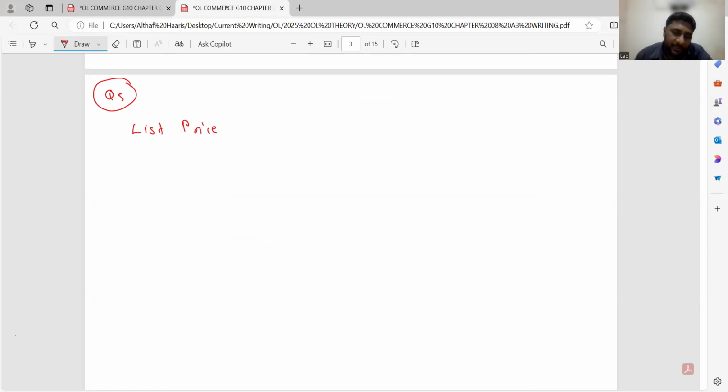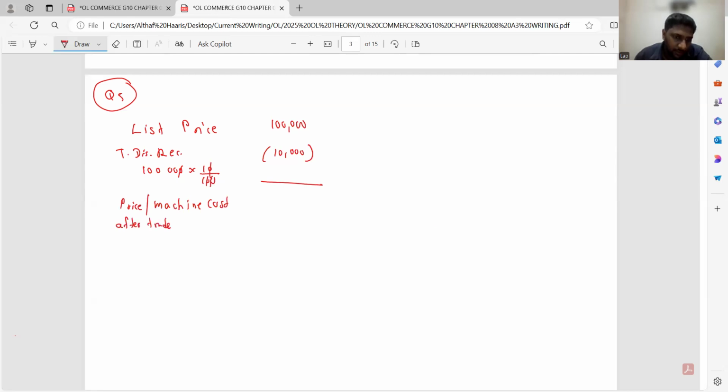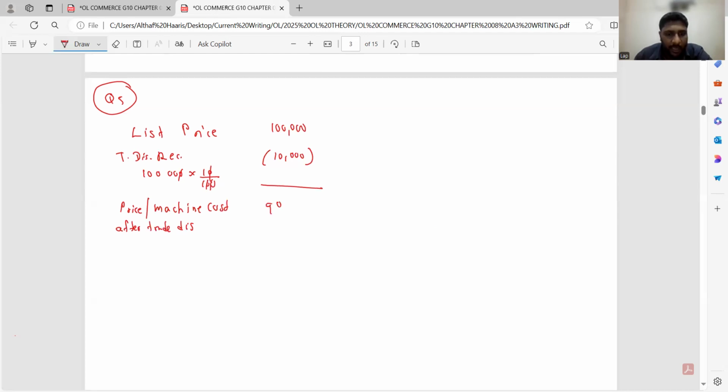List price 100,000. Trade discount received 10%, that means 10,000. Price or machine cost after trade discount, 90,000.